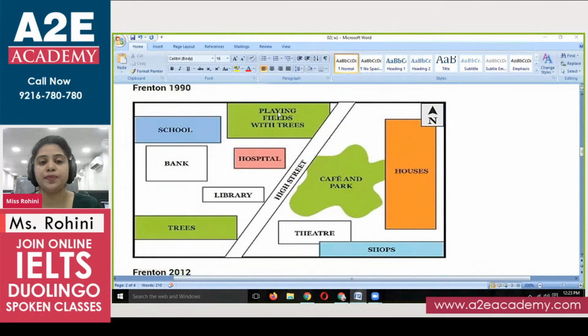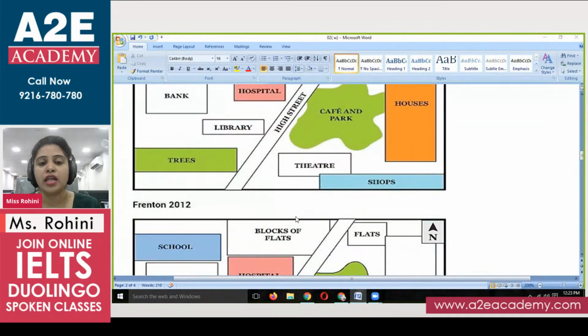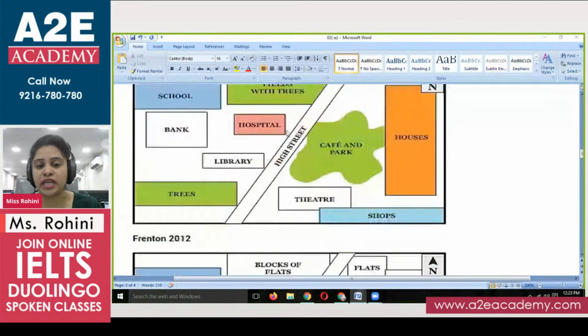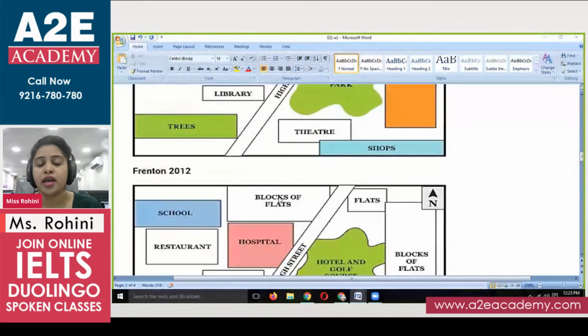Now we have discussed the playing field with trees and the school. ये दो चीजें हमने बता दी हैं. अब यहाँ पे instead of playing field, there was a block of flats. Okay, so you can say the playing field with the trees was converted into a block of flats after a period of time.